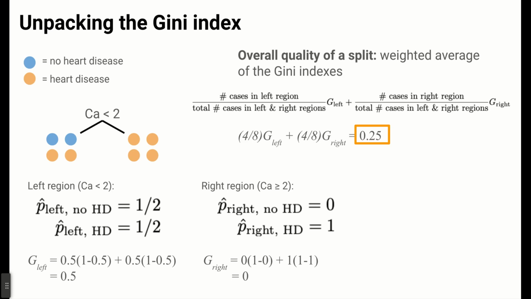The weight given to a region is the number of cases in that region divided by the total number of cases in both the left and right regions. So here, the overall quality of this split is 0.25. This number isn't super helpful on its own. Our question is, could another split have given us a lower number, indicating overall lower impurity?